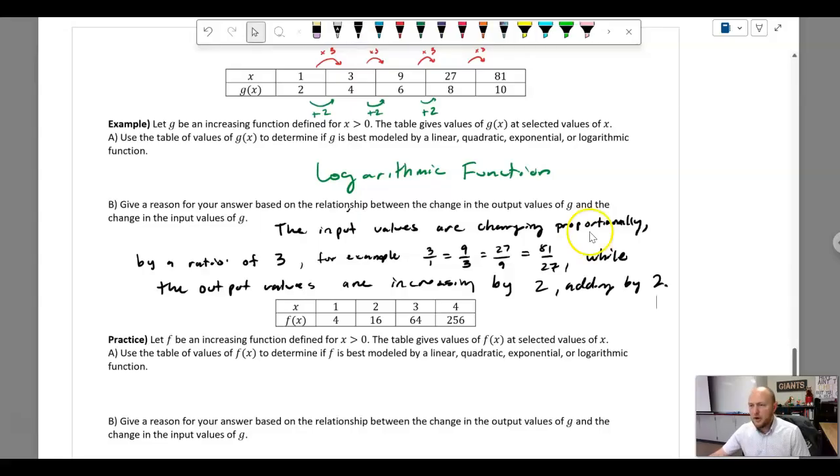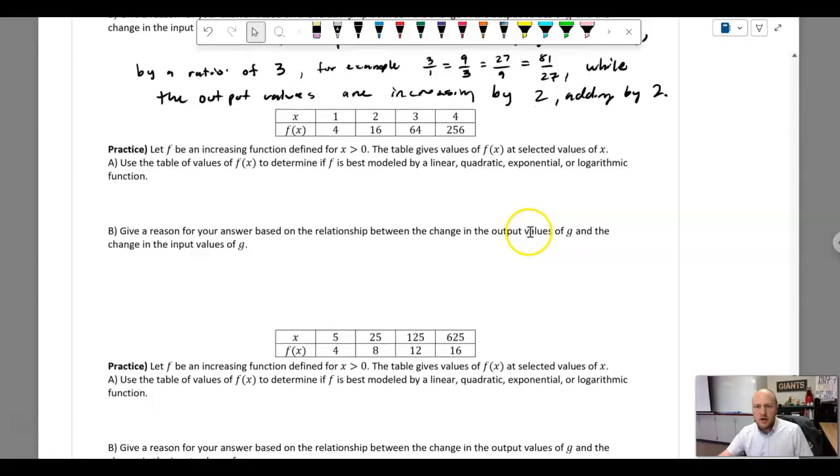Okay. Another way to explain this, you could say over equal length output value intervals. I kind of do like that, over equal length output values. I'll show that wording here in the next one, and then in parentheses say adding by 2. So always refer to the values. College Board has been very specific. They want to see the math in your explanation.